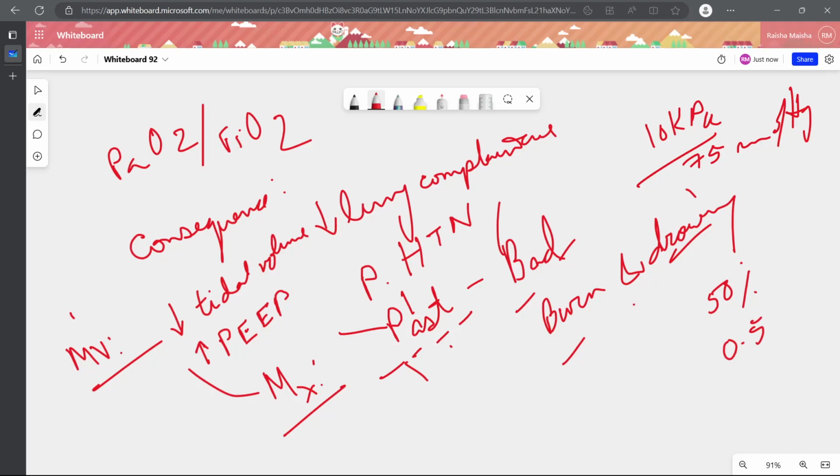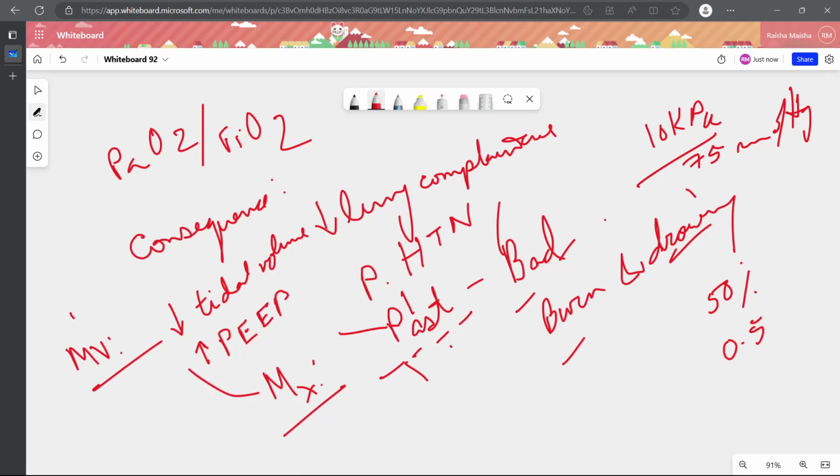So his PaO2 to FiO2 ratio is 20 kPa. This would be denoted as moderately severe ARDS, because mild ARDS is 300 to 200.